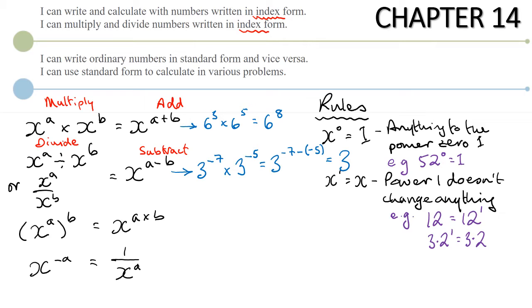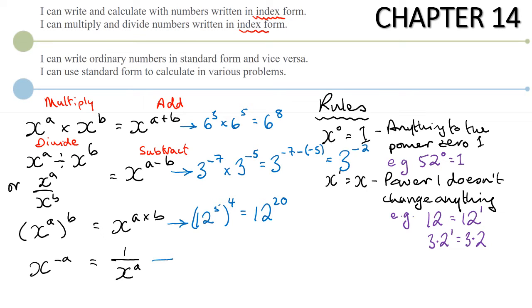That's the same as adding 5, so that becomes 3 to the power negative 2, because you basically get negative 7 plus 5. Here's an example down here. Let's say I had 12 to the power 5 in brackets, all to the power 4, so that becomes 12 to the power 20. You just do 5 times 4.